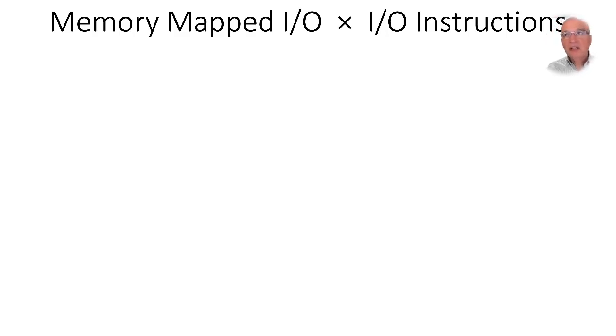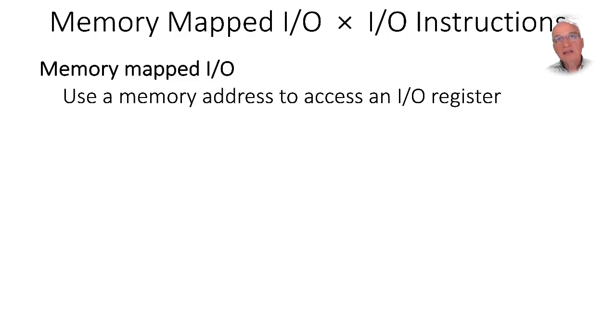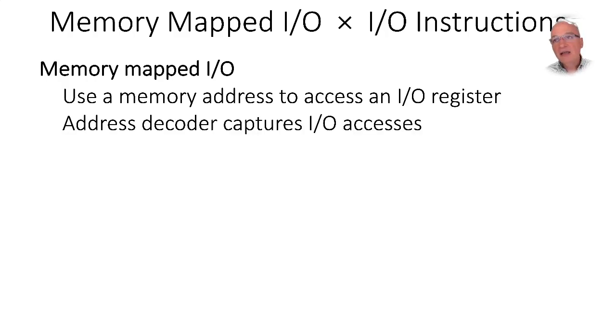There are two ways that I can access input and output devices. One of them is called memory mapped I/O, and the other is called an I/O instruction. In memory mapped I/O, there are some special memory addresses that are used to access an I/O register. So the address decoder will capture that those are I/O accesses.